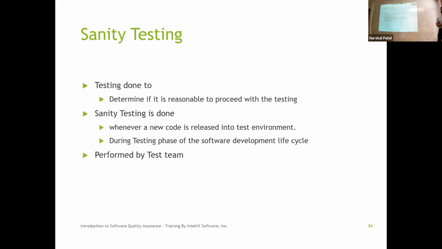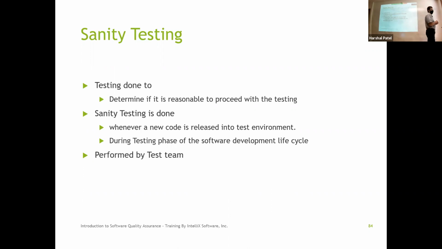Sanity testing. So we talked about, hey, I was doing a system test, I found a bug, and I gave the developer the issues. They looked at it and said, yeah, it's a bug, let me work on fixing it. They fixed it and they gave you new code.